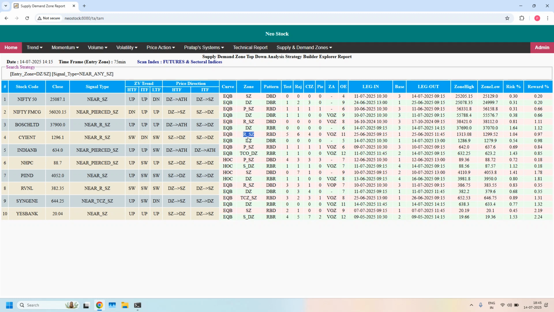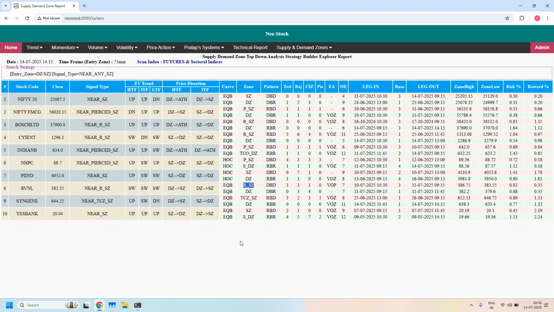Saint is having a 75 minutes high liquidity supply zone. Next, RVNL is having a 75 minutes high liquidity supply zone. That's it. We identified 3 75 minutes high liquidity supply zones from this list.